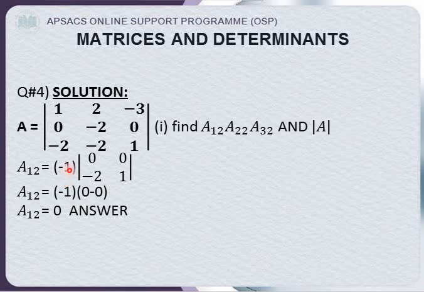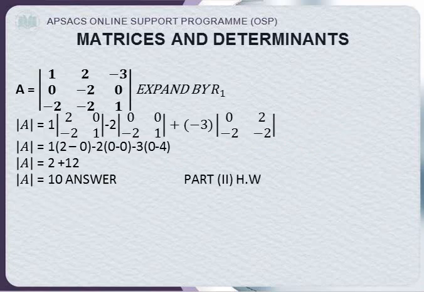So what is remaining? 0, 0, minus 2, 1, and by the determinant formula for a, b, c, d, ad minus bc, 0 minus 0 is 0, and 0 multiplied by something is 0, so the answer for a12 is 0. Now you can do a22 and a32 like this, and the determinant you know how to find from the previous lecture.